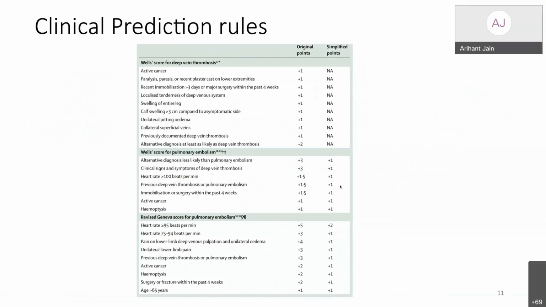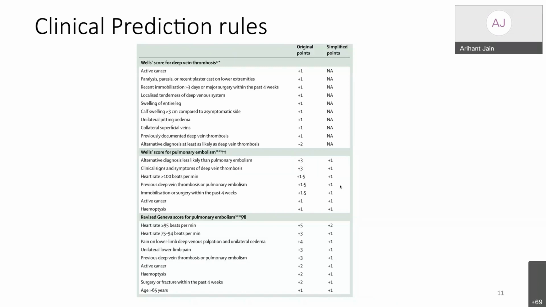So there are a lot of CPRs or clinical prediction rules which can be used, but the most commonly used and recommended ones: for DVT, you should always use a Wells score. There are two Wells scores. One is for DVT and the other one is for pulmonary embolism. And for pulmonary embolism, we also have a revised Geneva score.